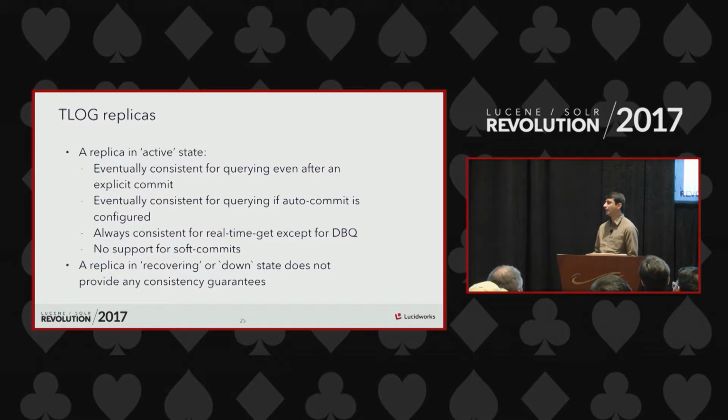So there's nothing to commit. All it can do is wait for the commit to complete on the leader, and on the next fetch cycle, copy over the segments from the leader, install them on the local disk, and then reopen the searcher. So even in the face of explicit commits, the T-log replicas are eventually consistent.